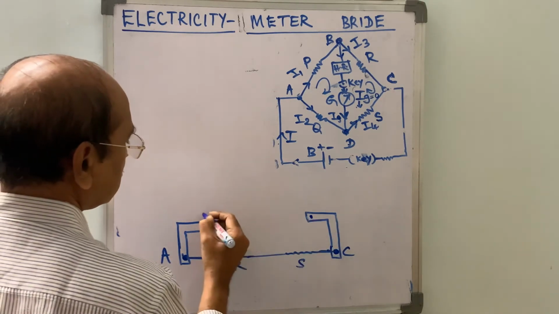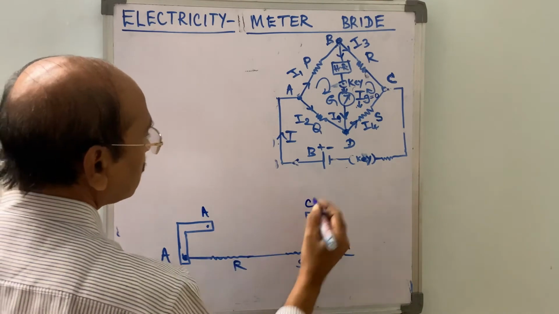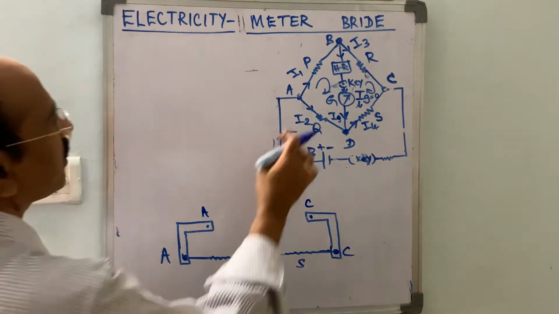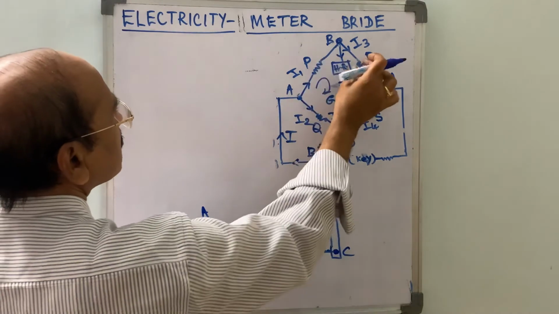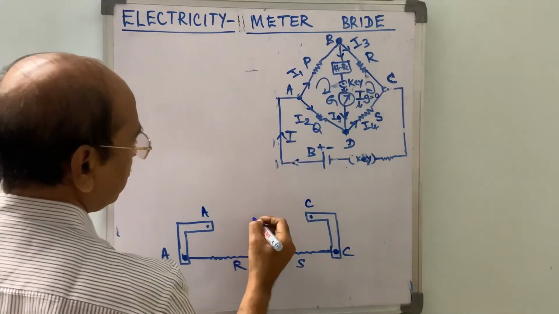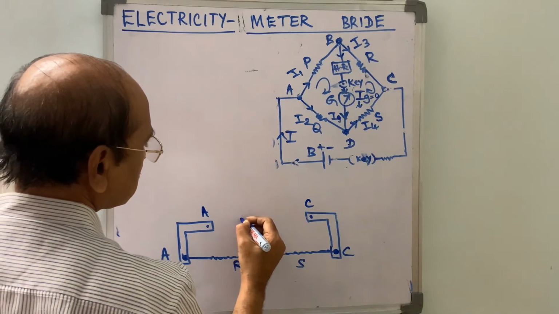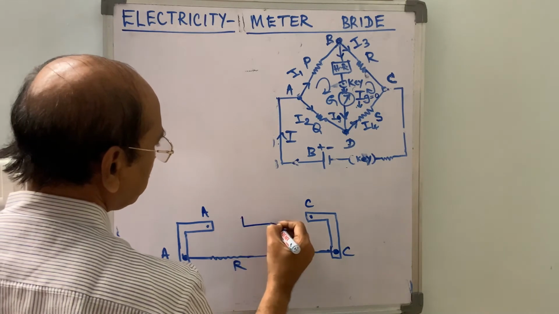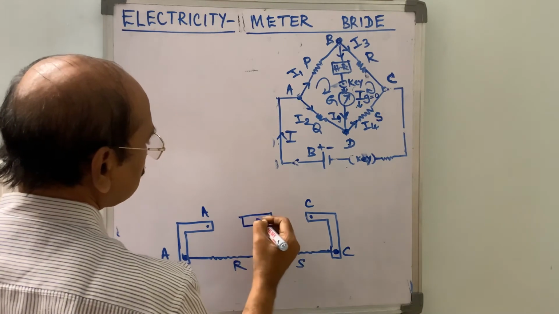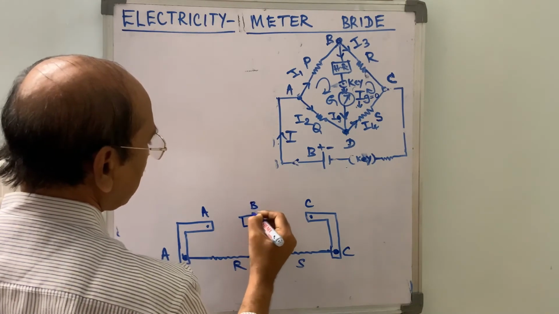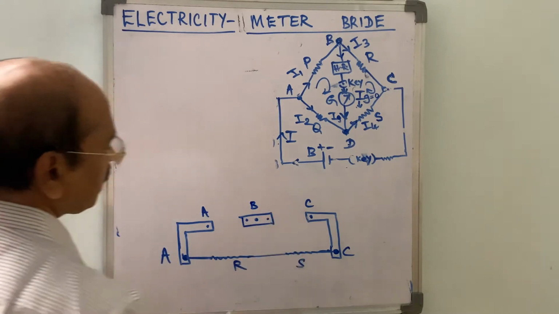This is also A and C. So between A and C there are two resistances. Between them there is another strip. This point is known as B.